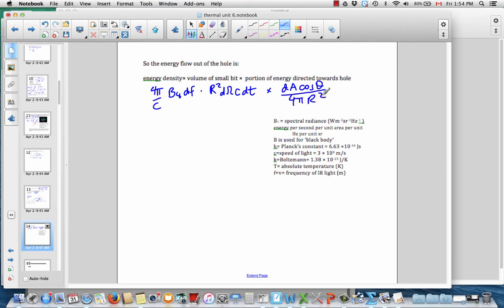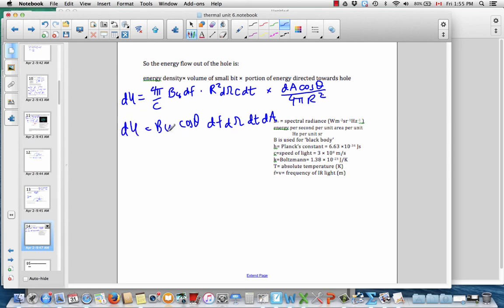And so there's a bunch of cancellation that happens now. And so this is the little bit of energy that's going to flow out of the hole. And so what we get out of that is our Planck function times cos theta, the observation angle, and then times the little bit of frequency, the little bit of solid angle, the little bit of time, and then that little bit of area.